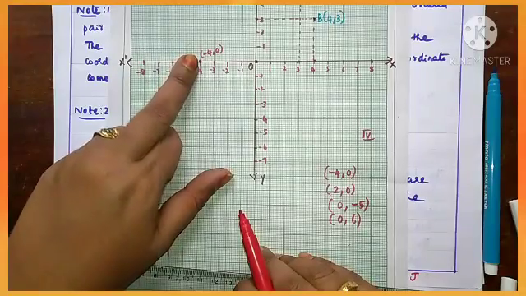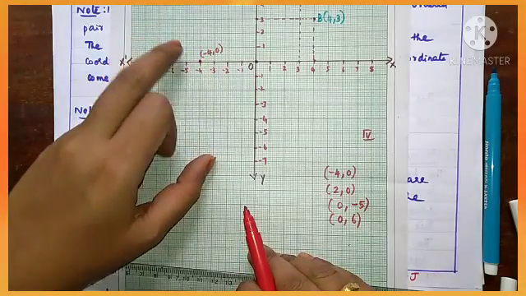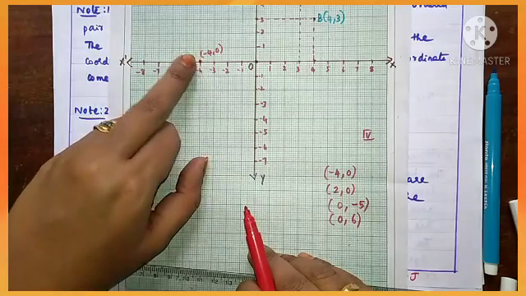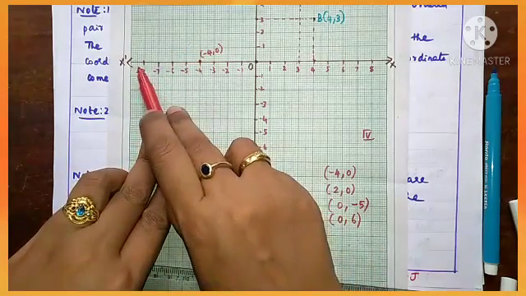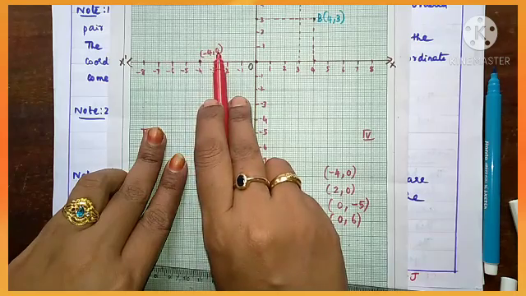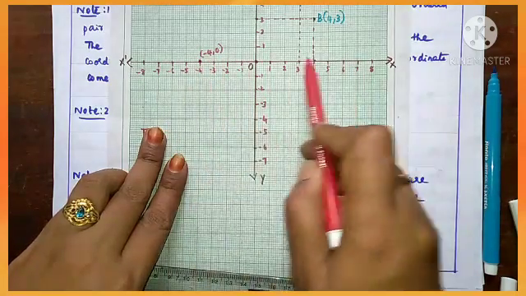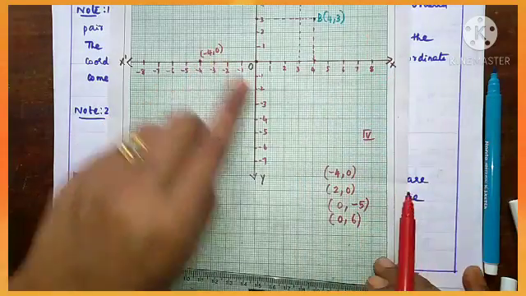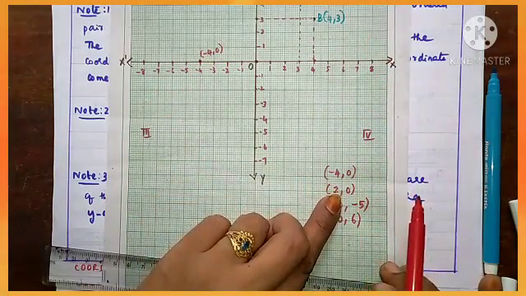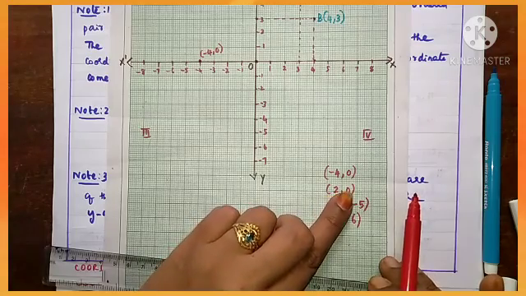This (-4, 0) has an x coordinate but no y coordinate, so it will always lie on the x-axis. That is why it is said that when the x coordinate is there and the y coordinate is 0, it will always lie on the x-axis. Similarly, for (2, 0), x is positive, x is 2 and y is 0.